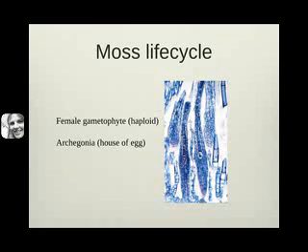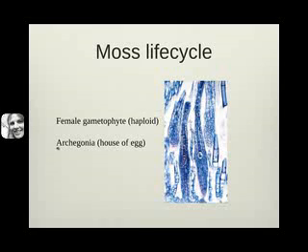The antheridia will bust open, and the sperm will be chemotactically attracted to the egg. So the sperm actually swims down, it moves through a film of water. There are exudates, so secretions from the archegonia that attract the sperm to the egg, and then the sperm and egg come together and they will produce a new sporophyte. So a haploid sperm plus a haploid egg will result in a diploid new sporophyte generation.